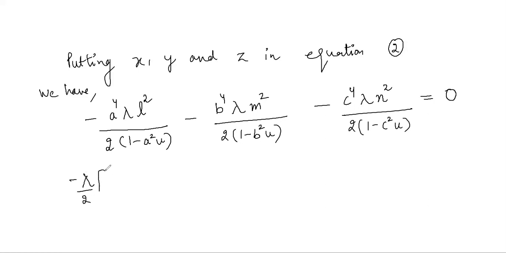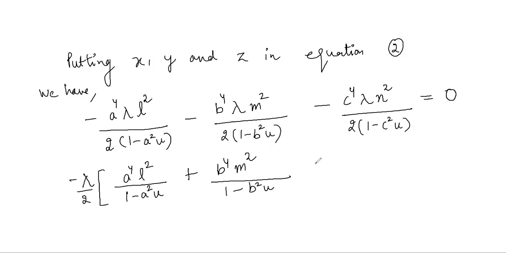by 2 is common, we will get a raised to power 4 l square over 1 minus a square u. We have taken minus sign outside, so the next term will be this b raised to power 4 m square divided by 1 minus b square u, and here we will be having c raised to power 4 n square over 1 minus c square u equal to 0.